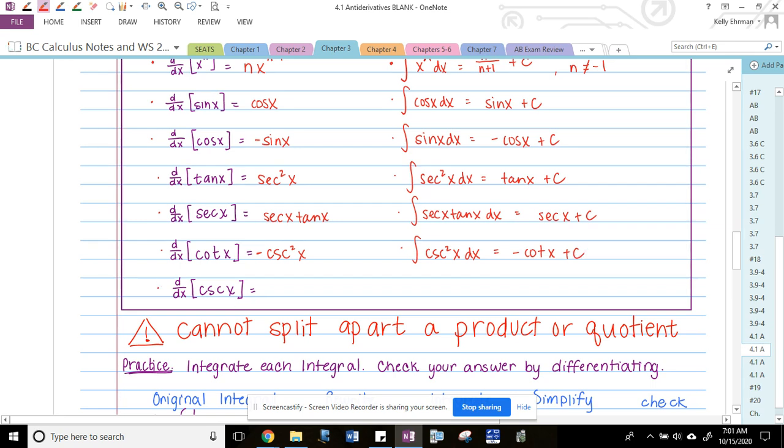And finally, the derivative of cosecant x, again, if you know secant, you know cosecant, put co in front of those. It's negative cosecant x cotangent x. So if we have the integral of positive cosecant x cotangent x dx, then that would equal negative cosecant x plus c.